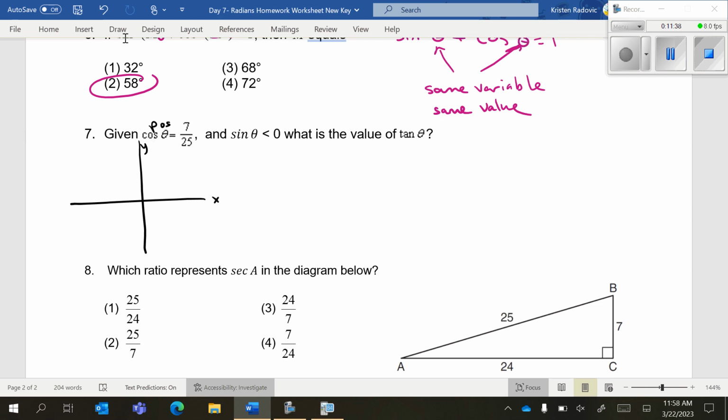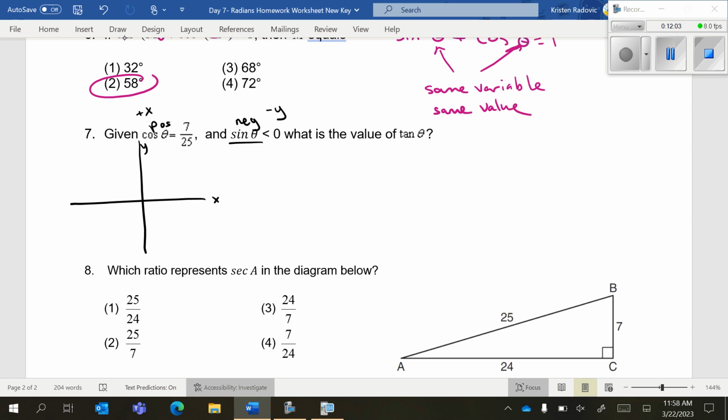Now cosine resembles x, so we're going to say that we have a positive x. Here they're saying sine is less than 0, which means that sine is negative. Now if sine is negative, sine is y, so we're going to have a negative y. If you think about your quadrants, what has a positive x value and a negative y value?